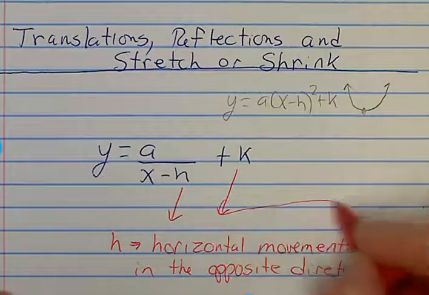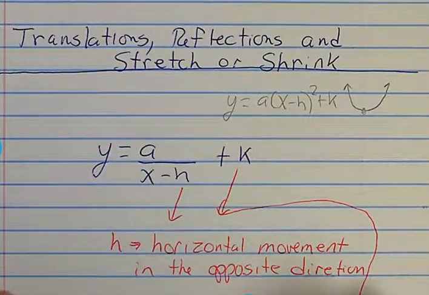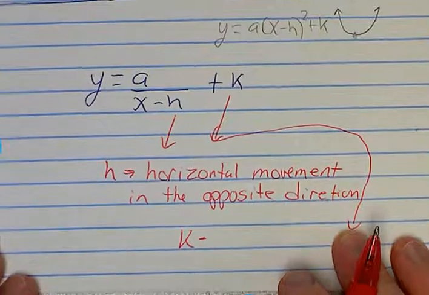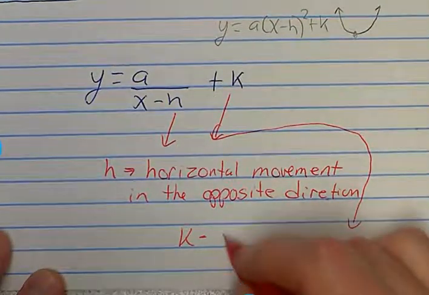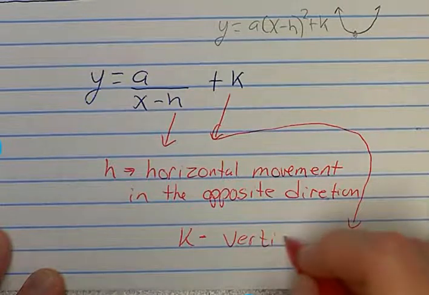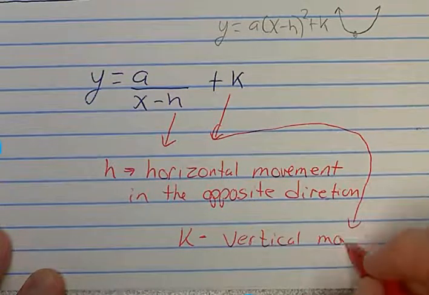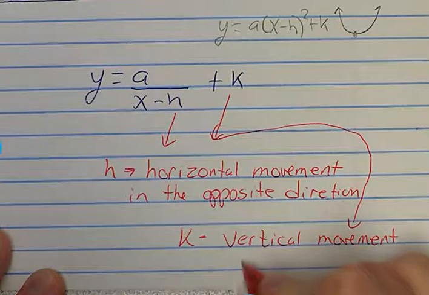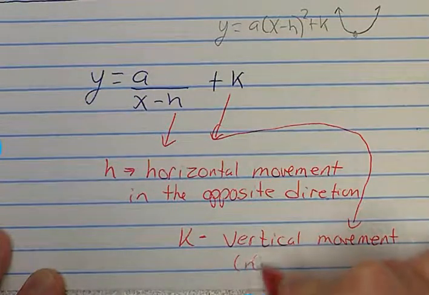All right, actually, let's put the k down here so we get a little bit more room. So h is the horizontal movement in the opposite direction, and k is the vertical movement. And again, we'll say that's in the normal direction.